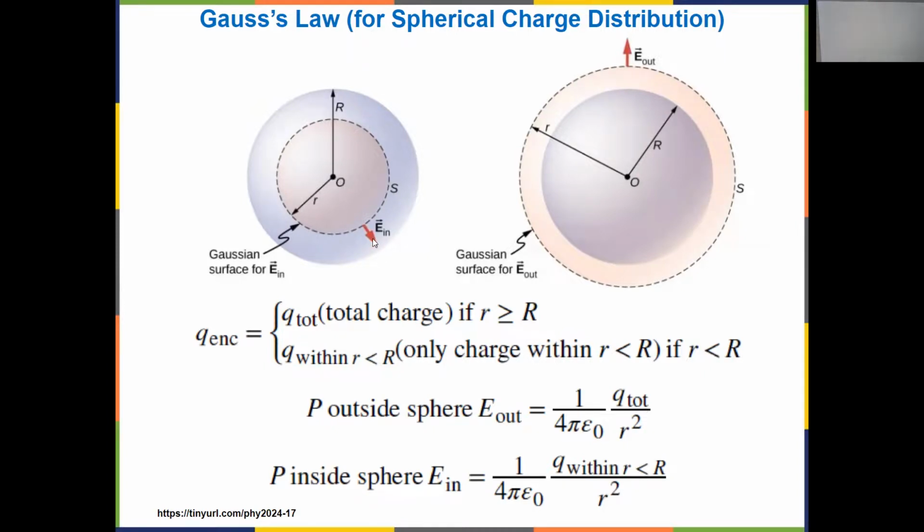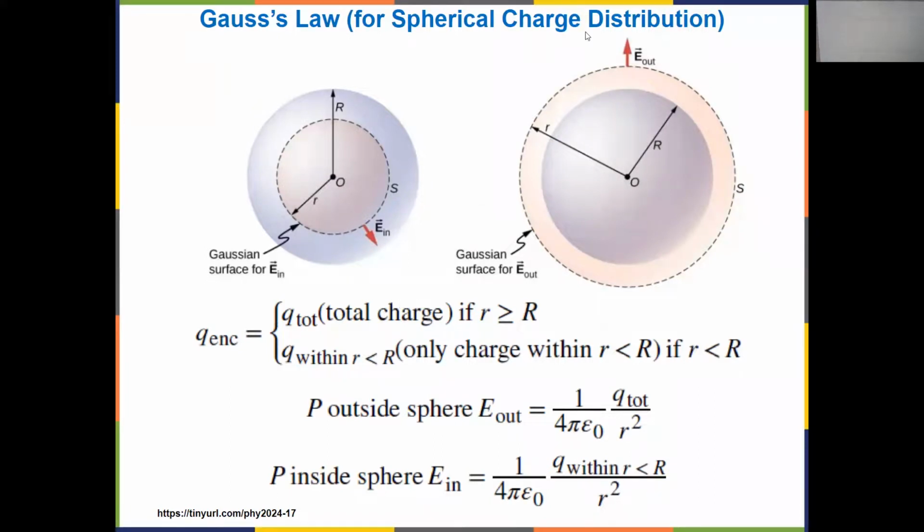So E will be in that direction, and the normal direction will be in the same direction, so it is just E times A. For the charge enclosed in Gauss's law, in this case your total charge should be just for the spherical volume of this small sphere, not the total sphere, so you would include only part of the charge. In the other case, you will include all of it, because the whole sphere is enclosed by that spherical volume.